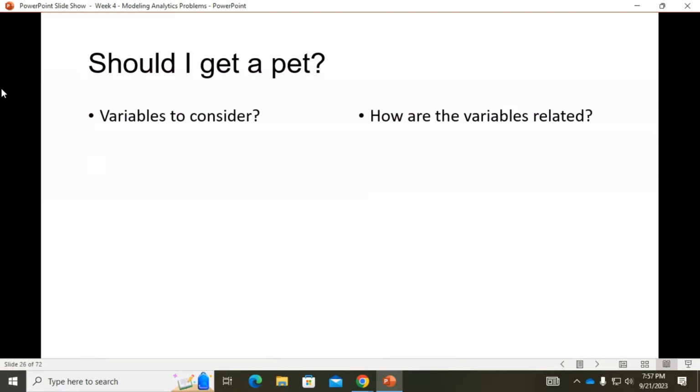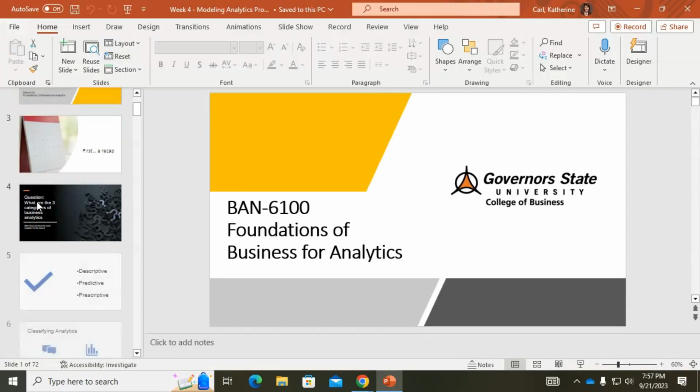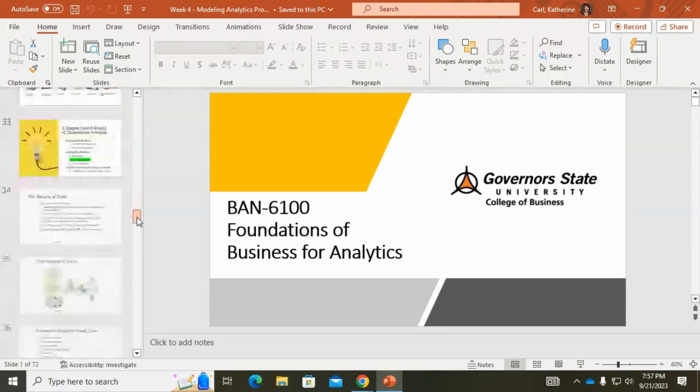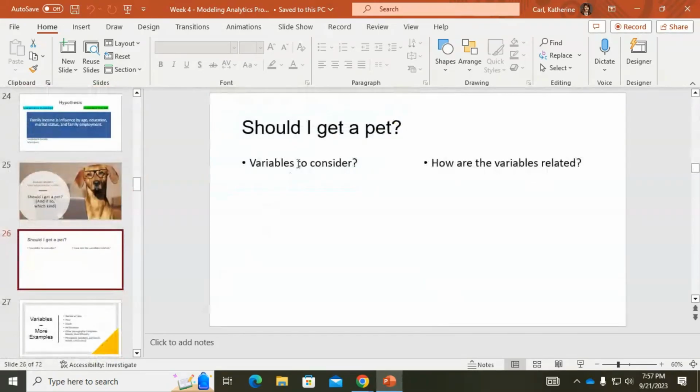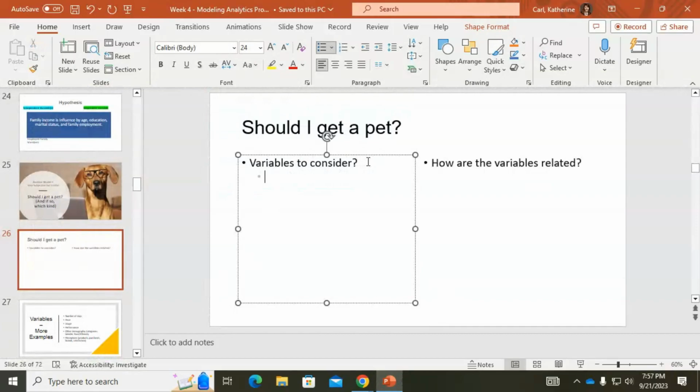So what are some of the variables that you consider when deciding if you're going to get a pet? You can just shout them out. That's fine. Type of pet. Type of pet? Okay, so type of pet. What else? Age, lifespan. Age of pet, okay. If the area is suitable.